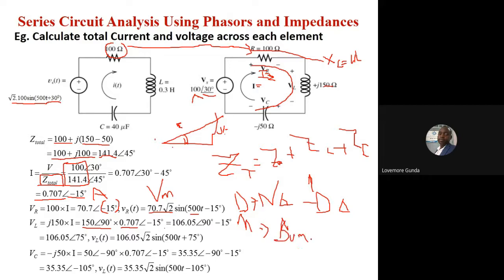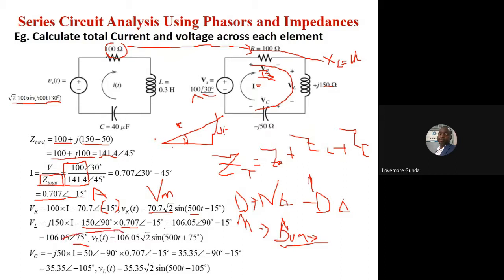In multiplication, you just sum up the angles straight away. The algebraic sum of the two will give you the resultant angle when you are multiplying. When you are dividing, you subtract the denominator angle from the numerator angle. So, VL becomes 106.05 at 75 degrees.